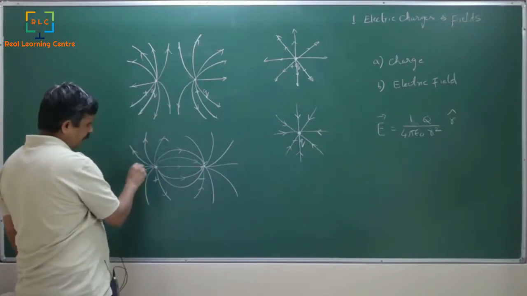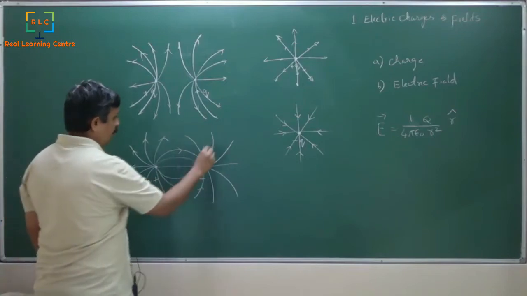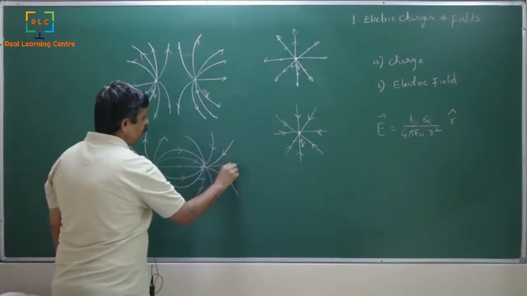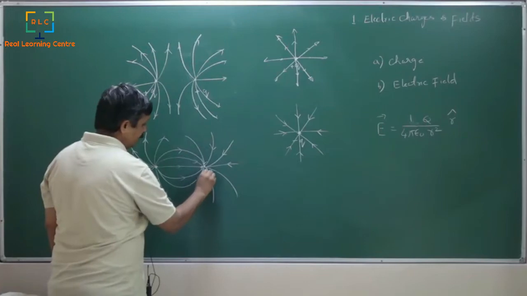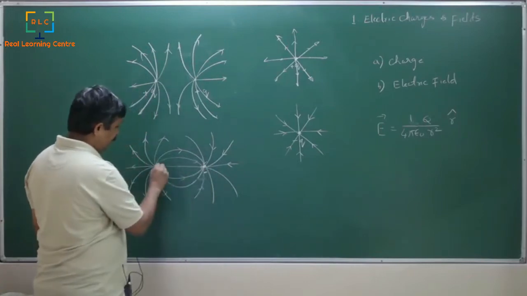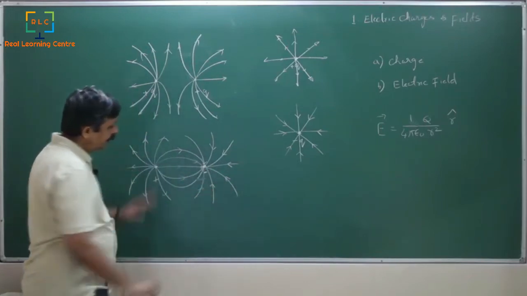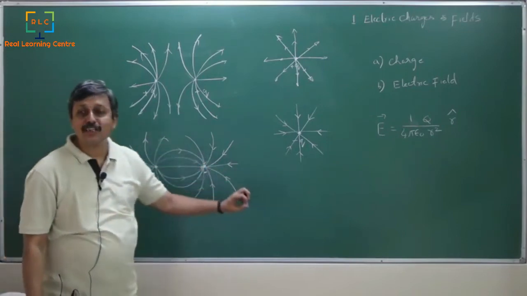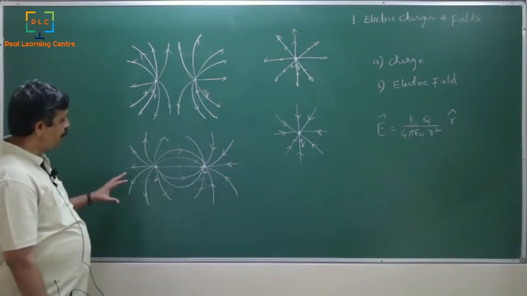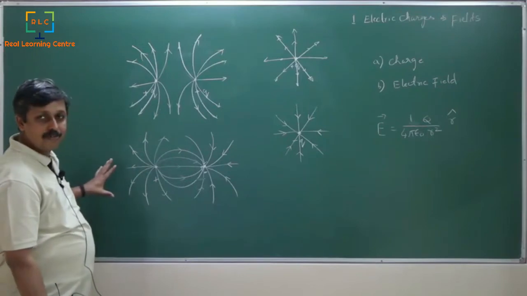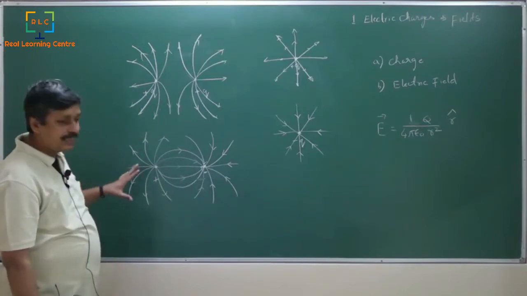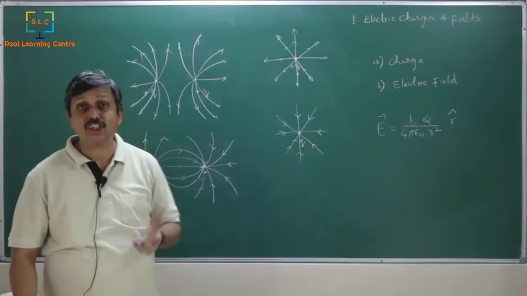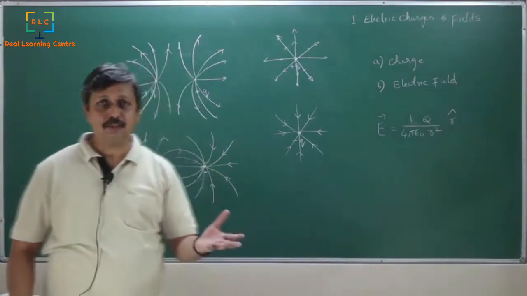You can see that this side is negative and this side is positive. For the negative charge, all the arrows are coming towards the negative charge, and for the positive charge, all the arrows are going away from the positive charge. So practice drawing like this. What about drawing three charges? Such things you can practice.